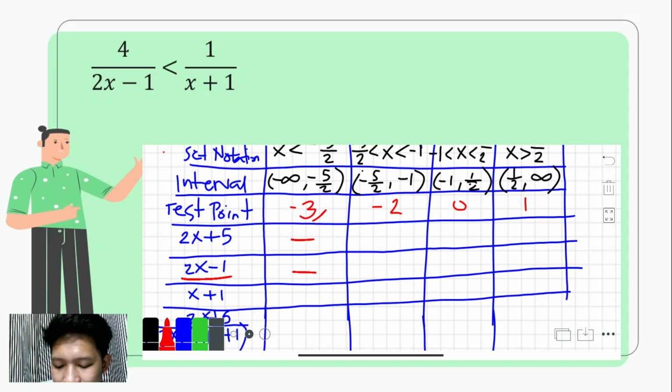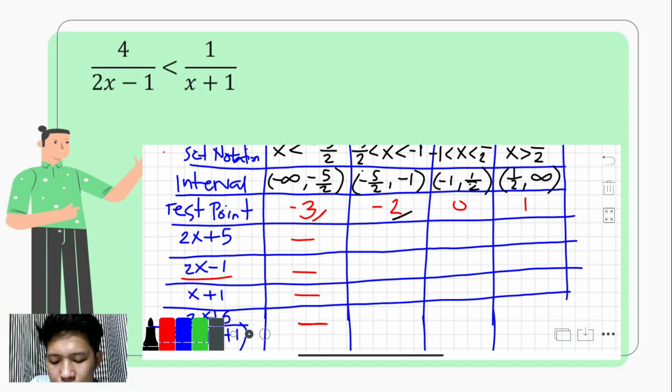Hence, it's negative. Lastly, we have negative 3, isa-substitute natin kay x plus 1. So, that would become negative 3 plus 1, that's negative 2, and it's still negative. And then, the last sign would be obtained by multiplying all these 3. So, we have negative times negative, that's positive. Then positive times negative, that's still negative.